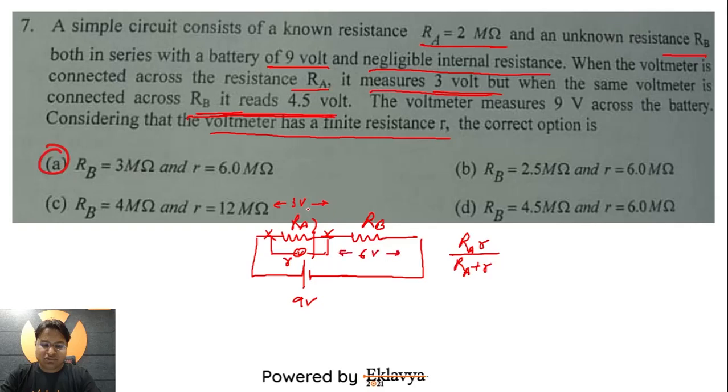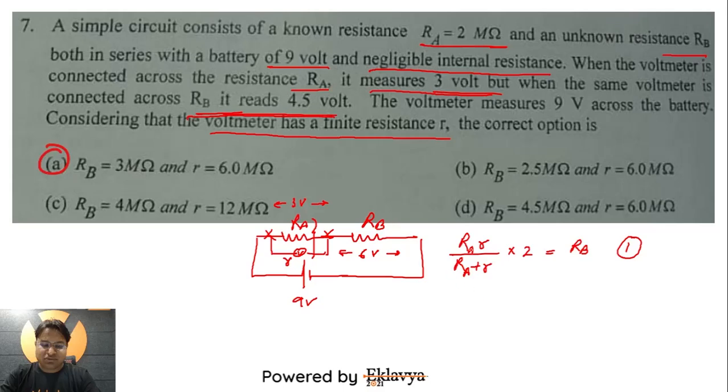Now this entire combination is in series with Rb, so the potential drop will be proportional to the value of the resistance. Therefore we can claim that this value into twice should become equal to Rb. So that will become one of your equations. Here we are getting a potential drop of 3, here we are getting a potential drop of 6. That means resistance B is 2 times the equivalent value of those two.